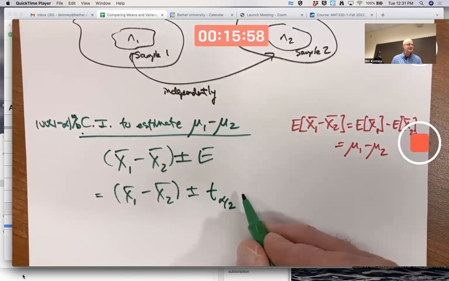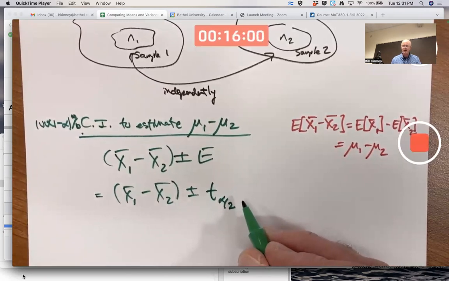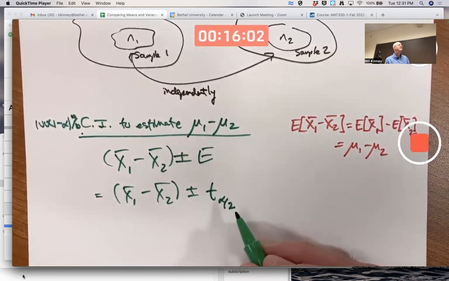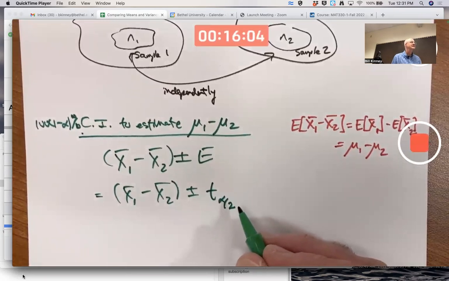What is the standard deviation that we multiply by? Well, it depends on different assumptions that you make that may or may not be so valid.